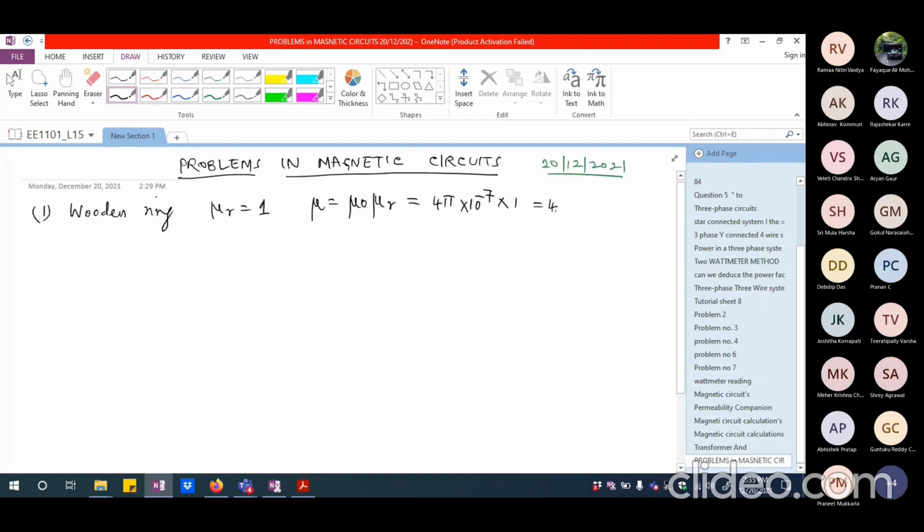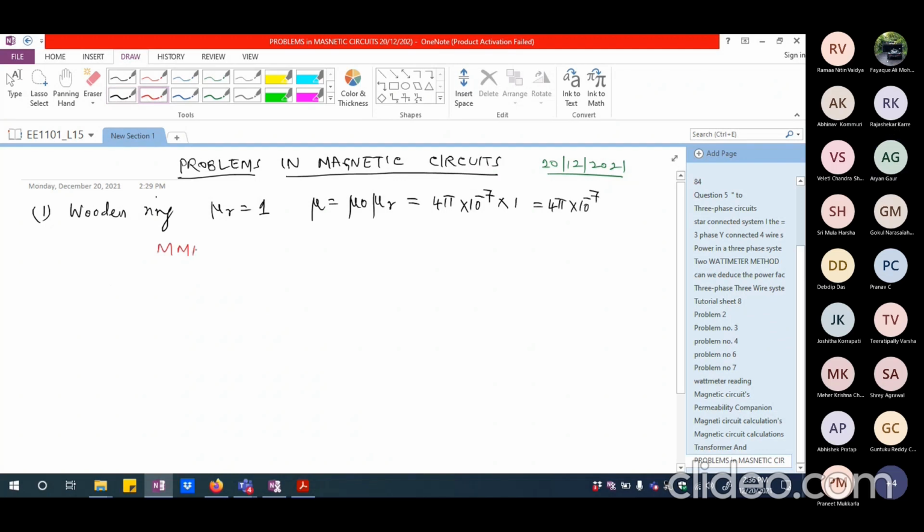And I think we told this unit as Weber per ampere meter. That was, if you may recall, how we derived the unit for this permeability.